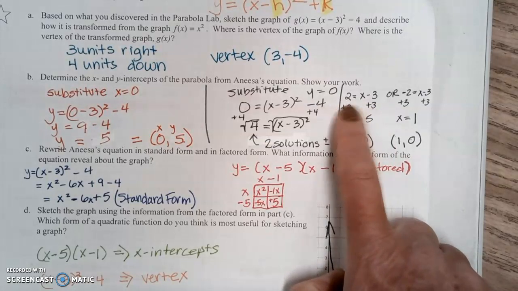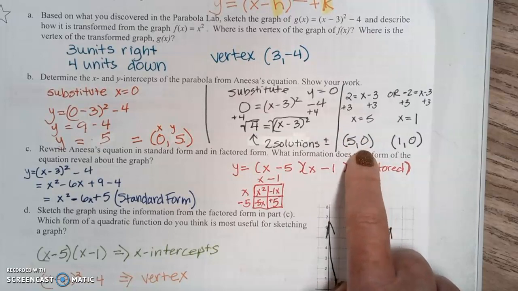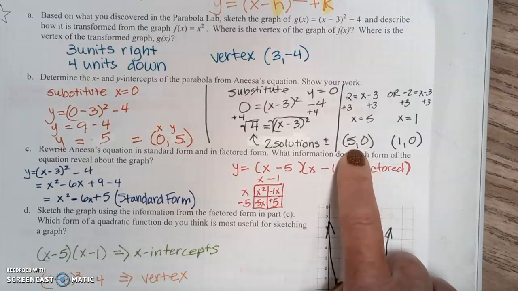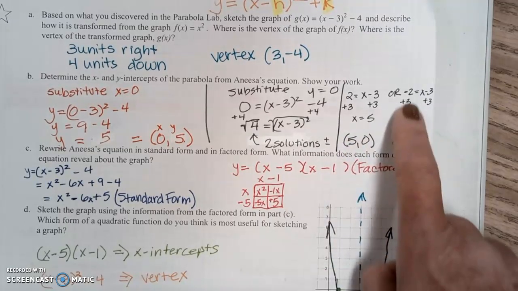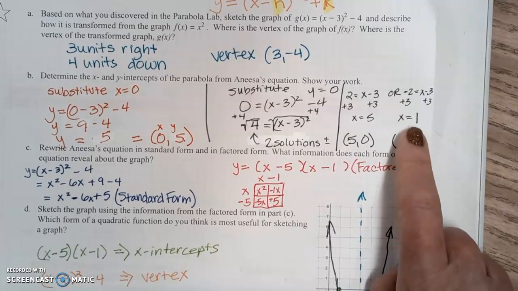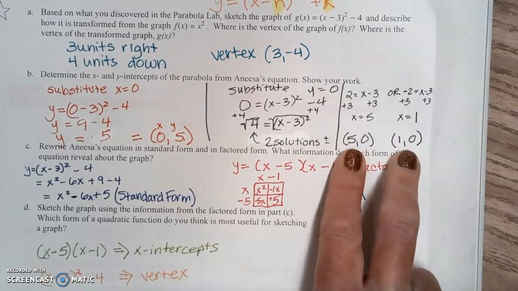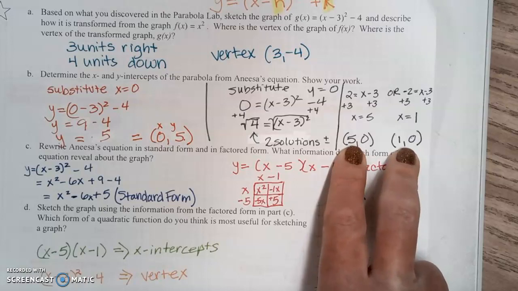So we set it equal to 2 first, add 3 to get the x by itself. That gives us an x-intercept at (5, 0). To get the other one, we set it equal to negative 2. Add 3 to both sides, and we end up with positive 1. That gives us our other x-intercept at (1, 0).